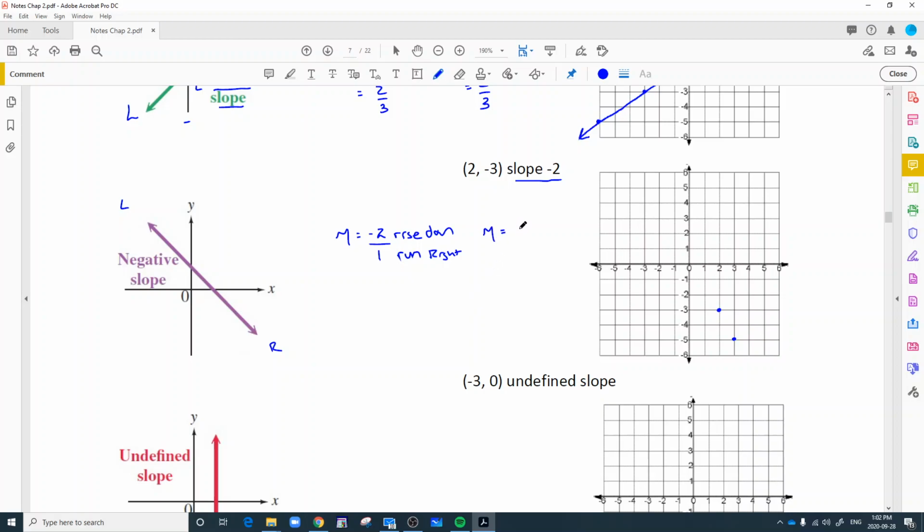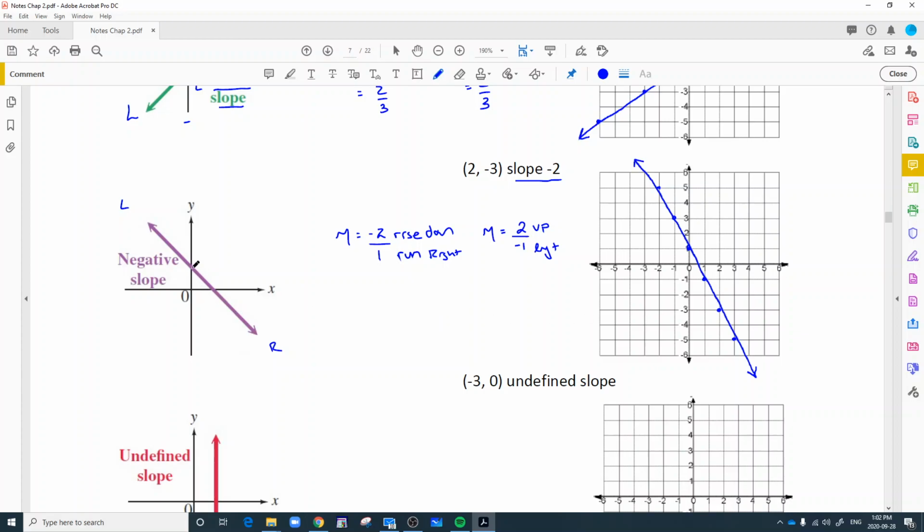Well, instead of negative 2 over positive 1, I could do positive 2 over negative 1, which would tell me to rise up and run left. So from this point 2, negative 3, I could go up 2 and left 1. And notice how these are going to all be on the same line, and I can keep going. 2 up, 1 left, and these all are on the same line with that same consistent slope.